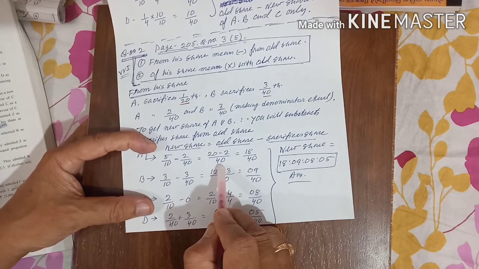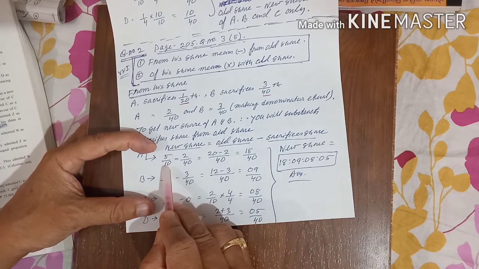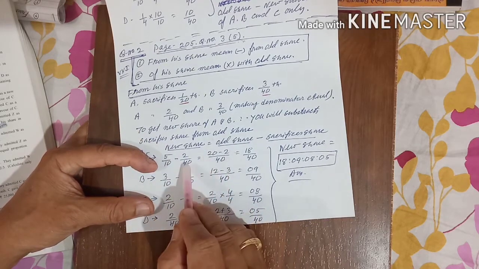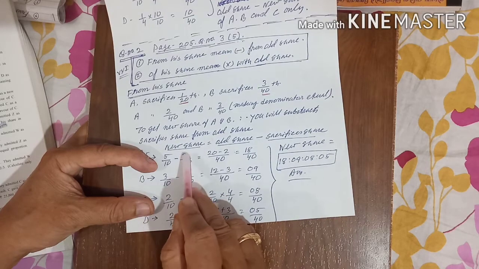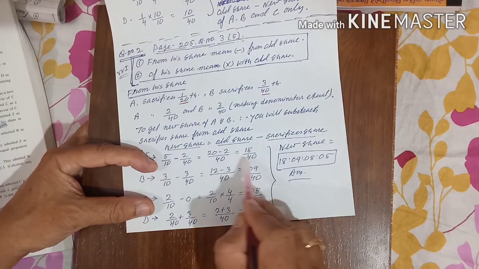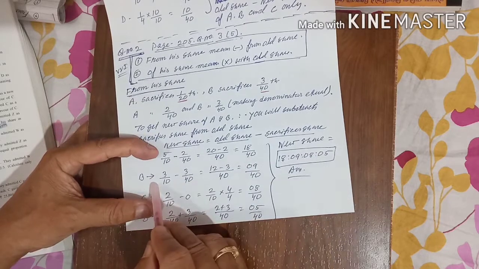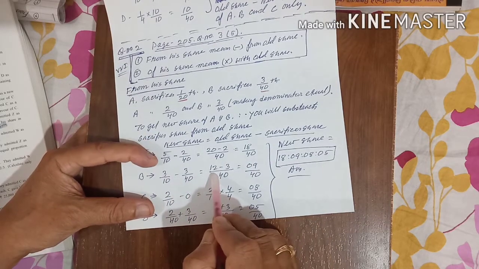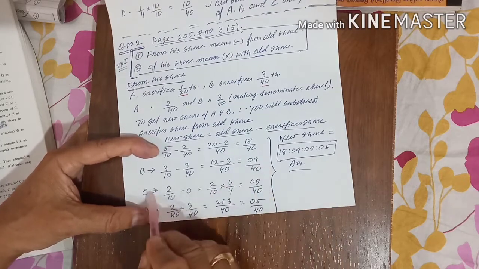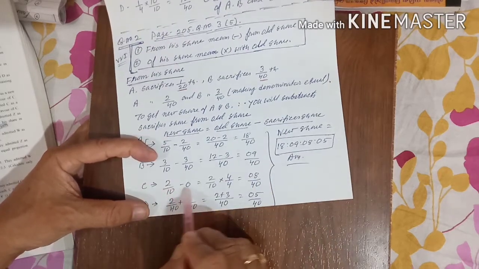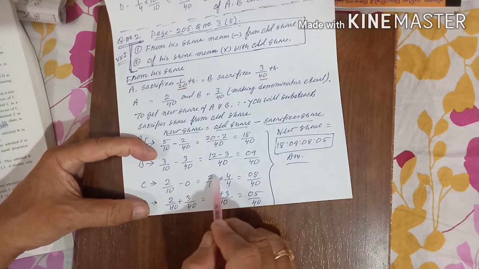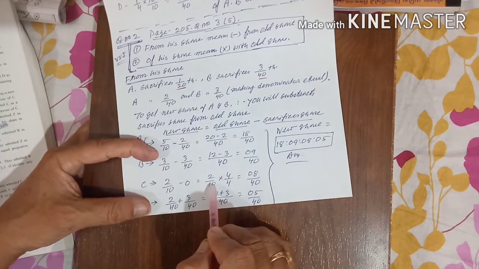Once again: 40 divided by 10 is equal to 4, 4 into 5 is equal to 20. 40 divided by 40 is equal to 1, 1 into 2 is equal to 2. You are getting 18/40. Similarly for B, 3/10 minus 3/40, you get 9/40. For C, 2/10 minus 0. C is not sacrificing, so it is 2/10 as it is.